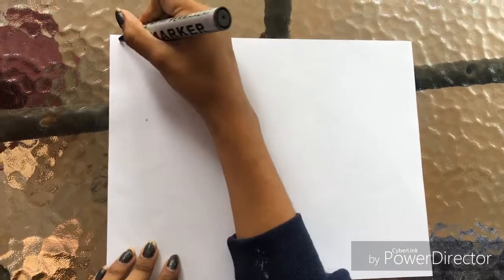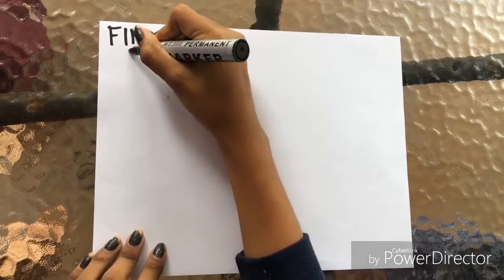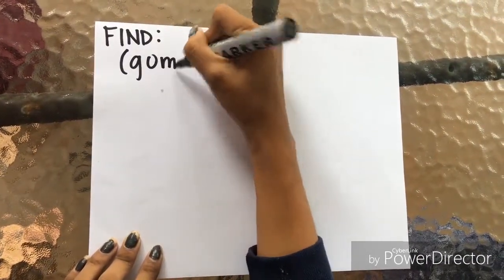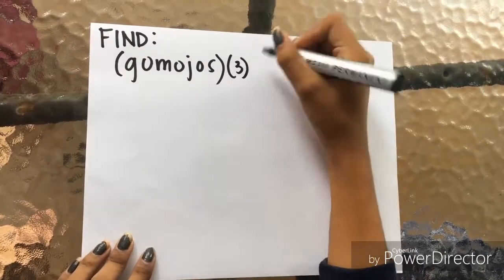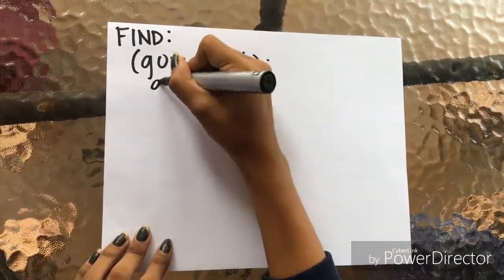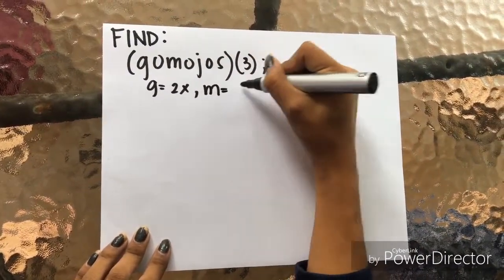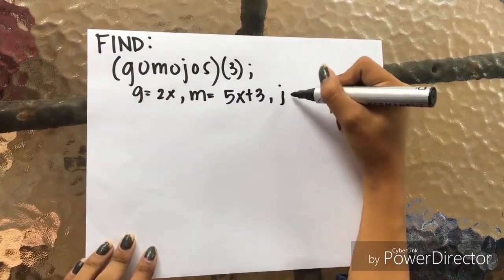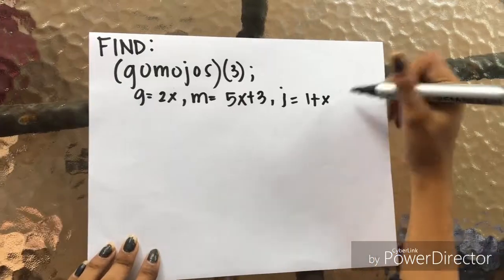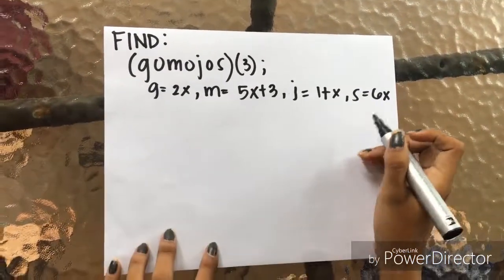Problem number 3. We need to find G composite M, composite J, composite S of 3, if G is equal to 2x, M is equal to 5x plus 3, J is equal to 1 plus x, and S is equal to 6x.